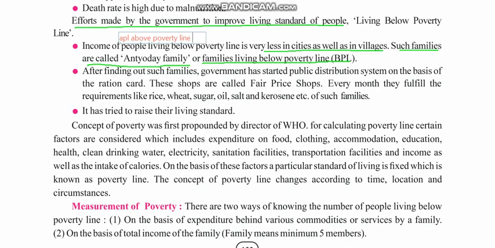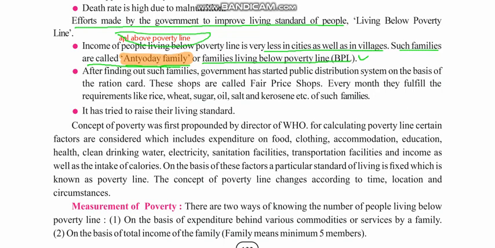While these people have a BPL ration card, that means below poverty line, and that's why they are termed Antyodaya families. Remember this term, Antyodaya families, that means families who have below poverty line cards.